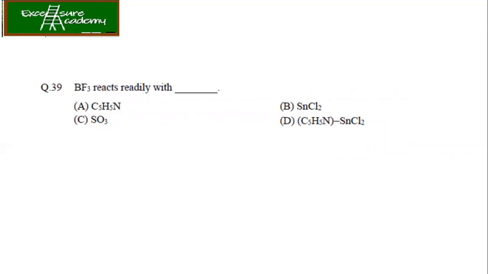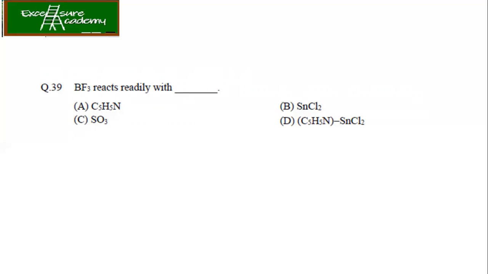Okay. Now, coming to the next. BF3 is also called a boron halide. They are electron deficient. They are just asking what it is going to react readily with. Since they are electron deficient molecules, they do not have a complete octet of electrons surrounding the boron atom. So they tend to act as Lewis acids, by accepting electron pairs from bases to form stable acid-base adducts.